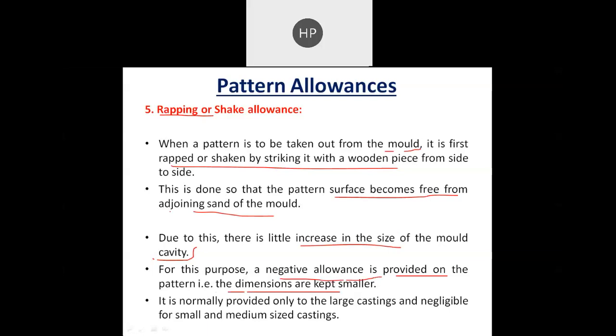It is normally provided only on large castings and is negligible for small to medium castings. Generally the shake or rapping allowance is provided for a large casting, because when we shake it there will be some change in size, but in small to medium it is not going to change. So these are the five types of allowances that we have discussed today, and in the next lecture we will see some more regarding the types of pattern.